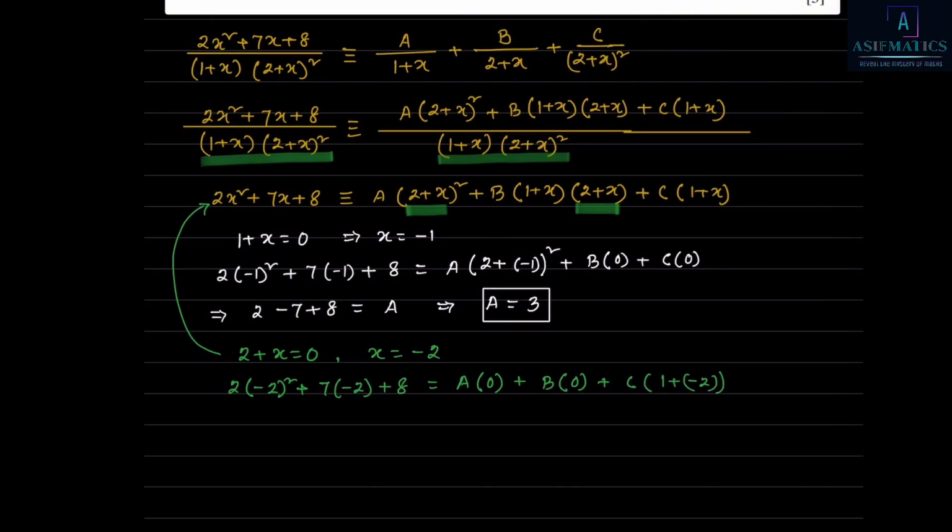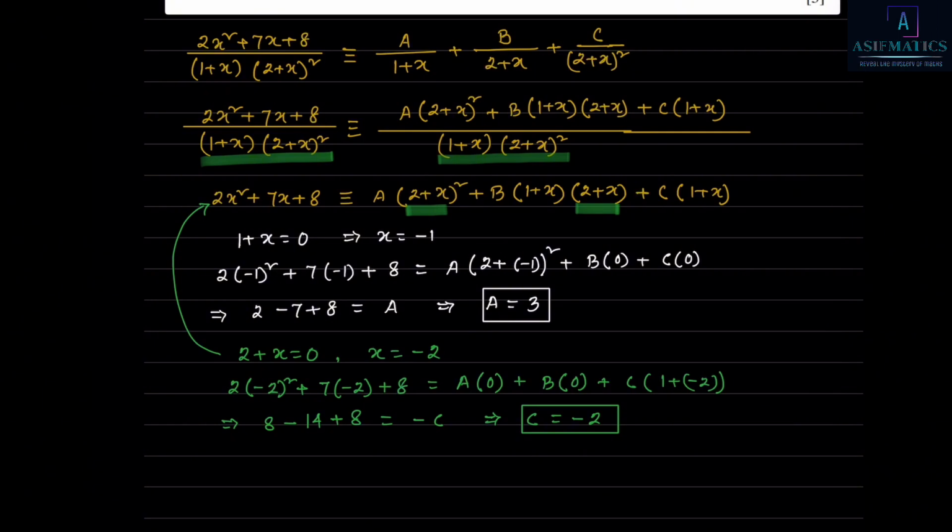If we calculate from here, that is 4 and 2 is 8, and then minus 14 plus 8 equals, as a and b are 0, c times (minus 2 plus 1), which is minus 1, so that is minus c. Finally, 8 and 8 is 16, minus 14, so that will be 2 and c would be minus 2. So our c value is minus 2.